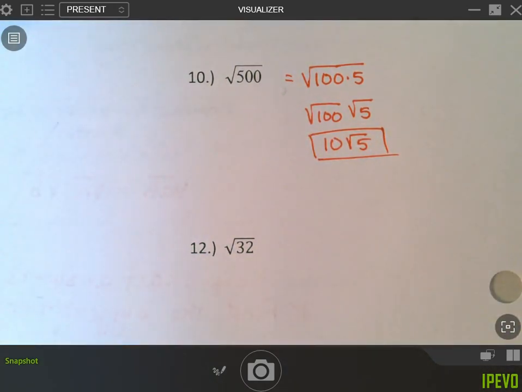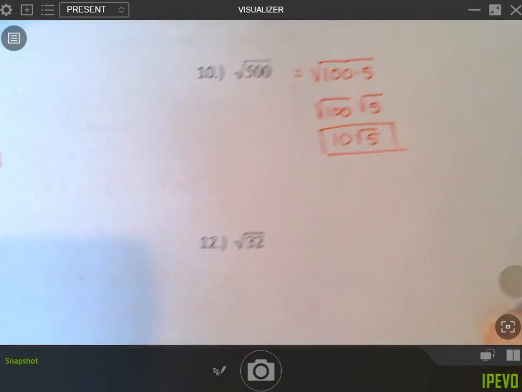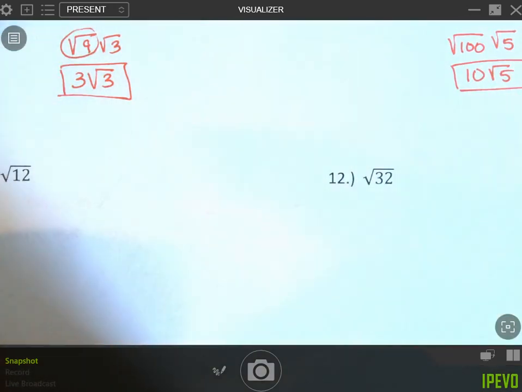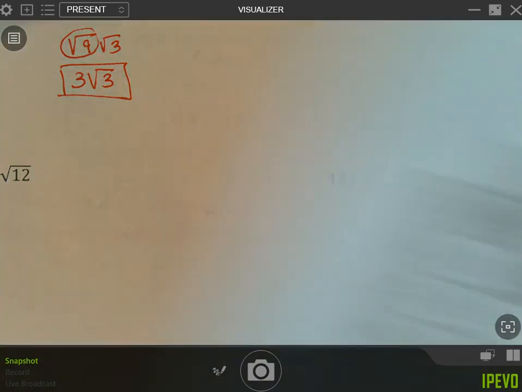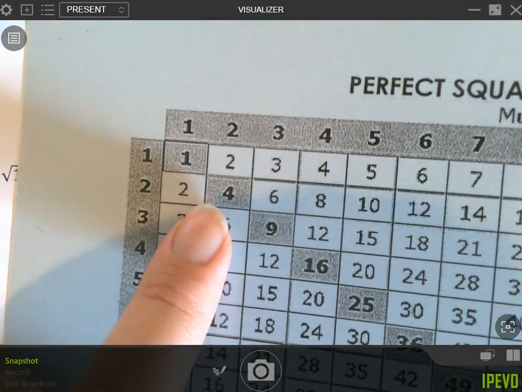All right, I'm going to give you a minute or two, and I want you to try the next 2 problems. Now, again, I don't care that 6 goes into 12 because 6 isn't a perfect square. I don't care that 3 goes into 12 or 2. What am I looking for? What's a perfect square that goes into 12? 4. I'm only focused on that. Okay, so 4 times 3.